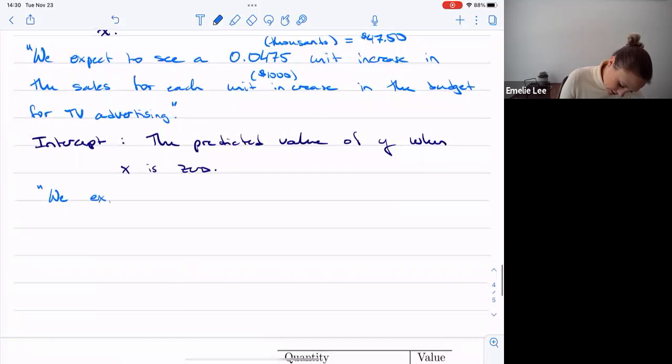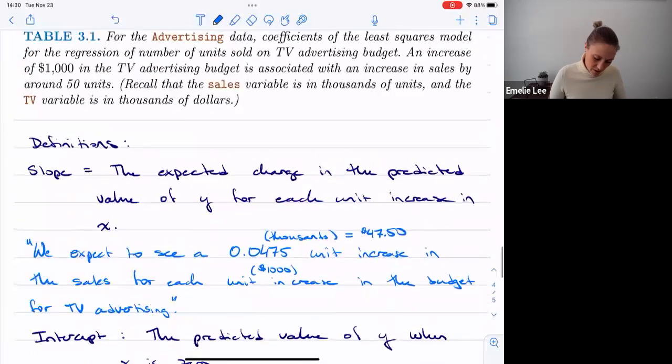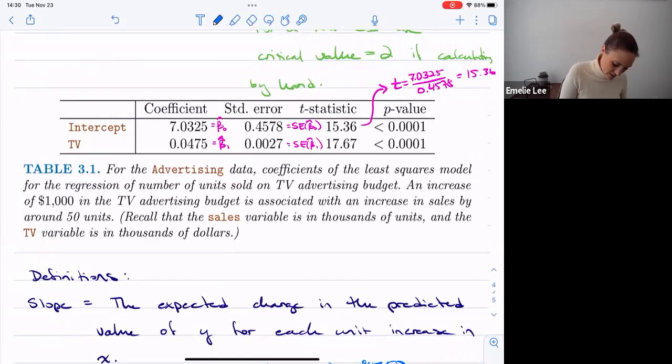We expect to make, and let me just double check, 7.0325 times 1,000. Yeah.